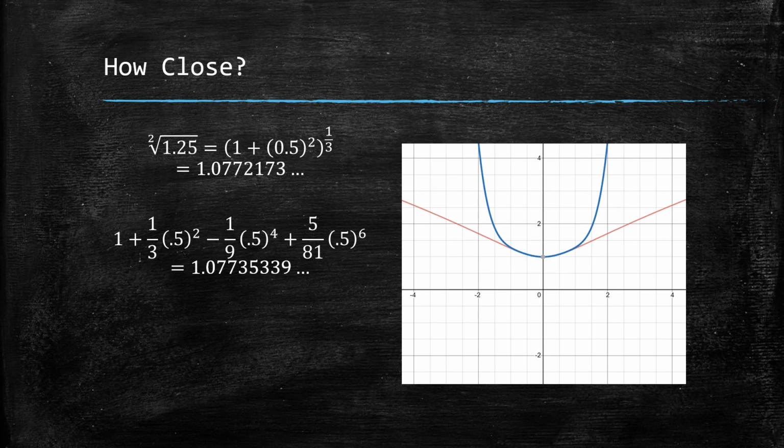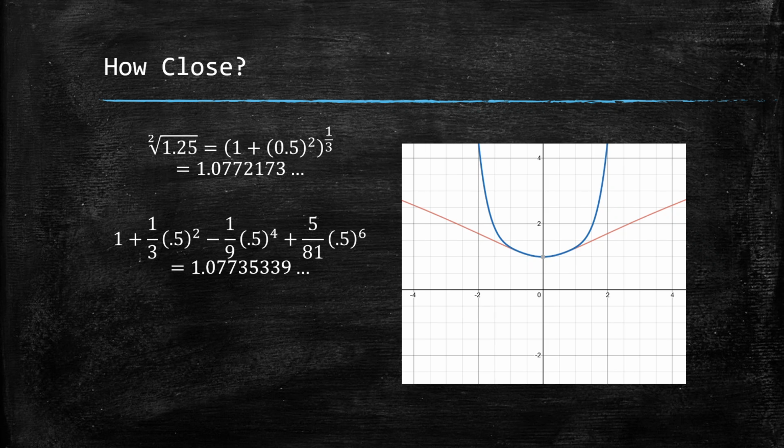It's a curve that goes downward and then goes back up at x equals 0. And if we were to graph the function of those first four terms, that would be the one in blue, which almost looks like a parabola. But if you notice, around 0, those two graphs are very close to each other.